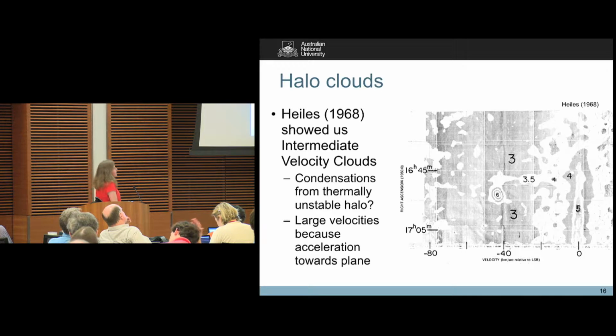These had large velocities because of the acceleration towards the plane, and these are sort of the initial halo cloudlets idea. There was something buried away in one of these papers about this newfound thing called the Parker instability. I didn't realize the Parker instability was a newfound thing, but it was at that point.